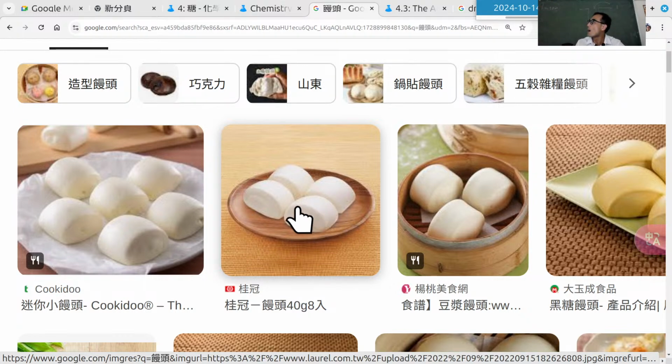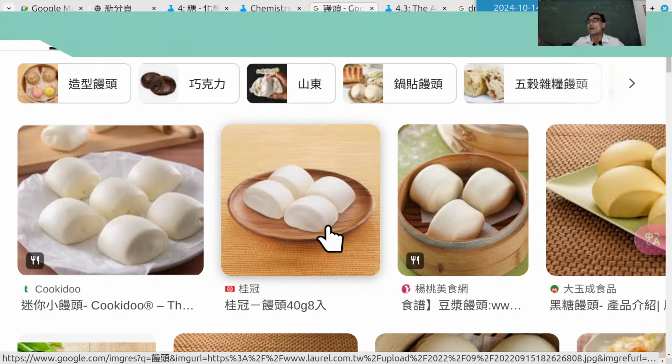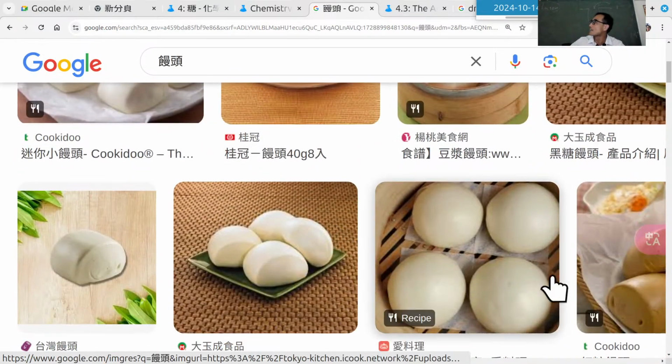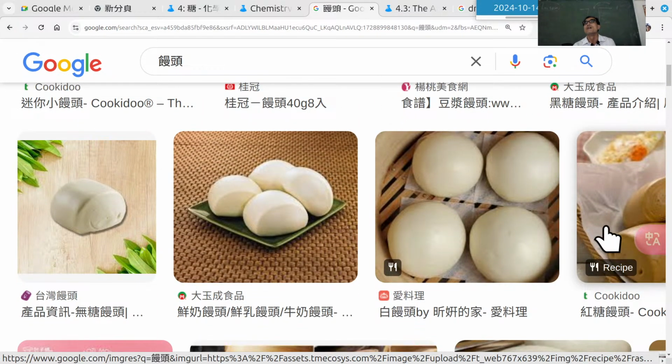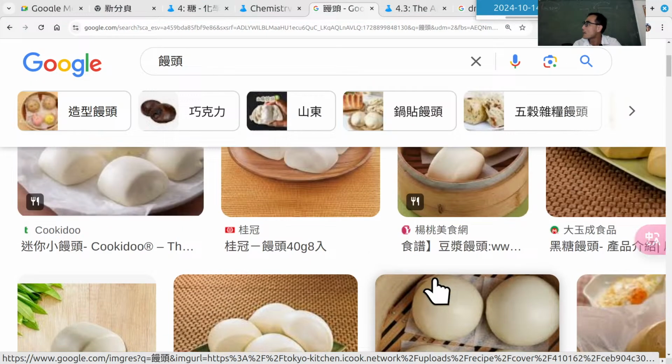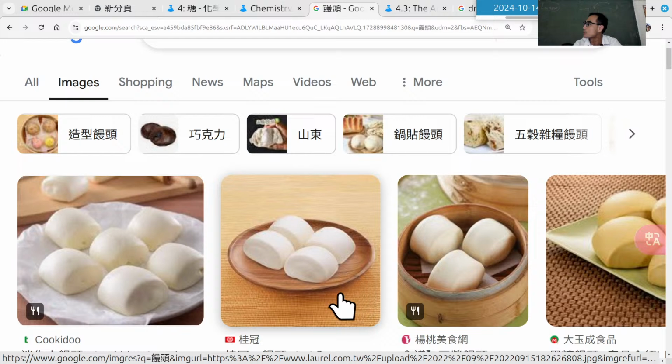For example, the white steamed bun, steamed bread. I like this. It's a traditional Taiwan food. But personally, I like the black one because it can use a different dye, like caramel, or use brown sugar. It looks more healthy, more delicious. And some people like the white steamed bread.